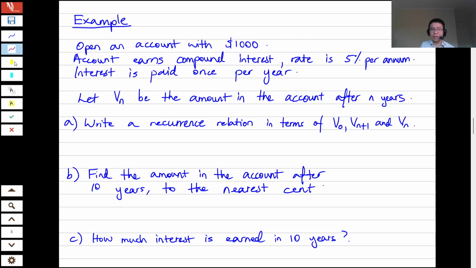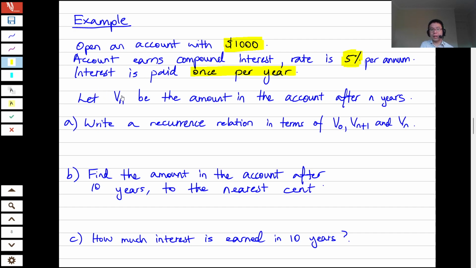I know there's a lot here, so I'll summarize the most important parts. Suppose I open a bank account with $1,000. The rate is 5% per year, and interest is paid once per year.